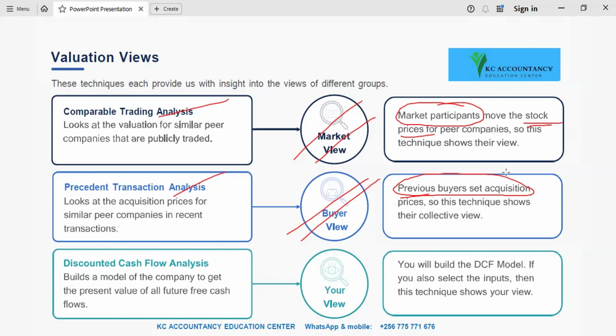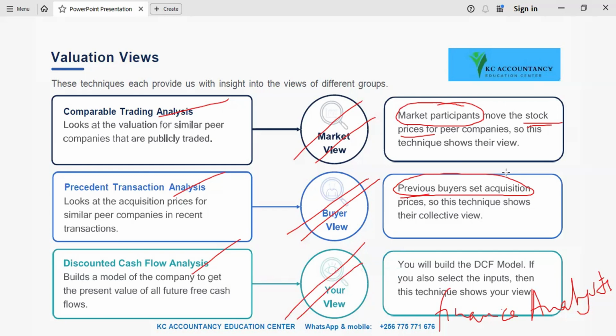And finally, when we look at the DCF analysis, it will be you, the person who is building the DCF model. It will be a finance analyst of the company, and you are the one who has done all the computations, meaning it is your view as a finance analyst.